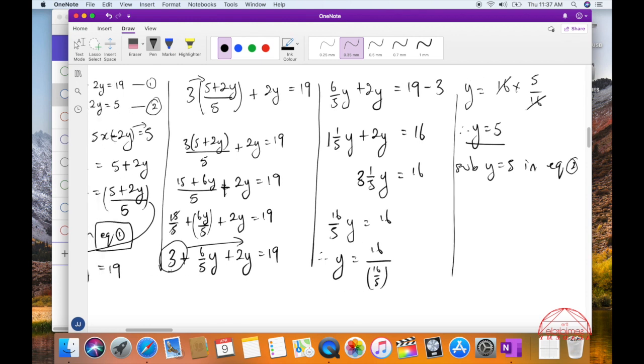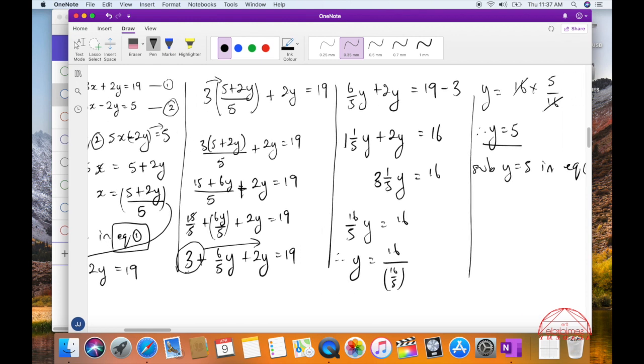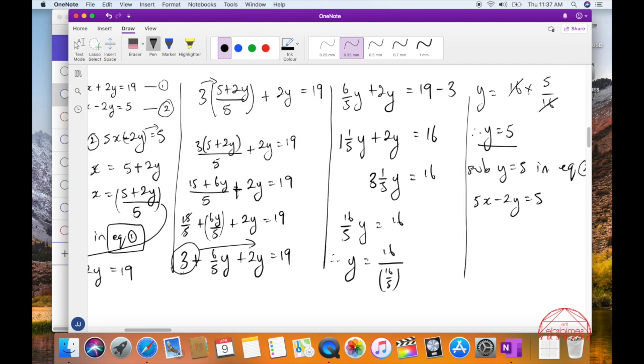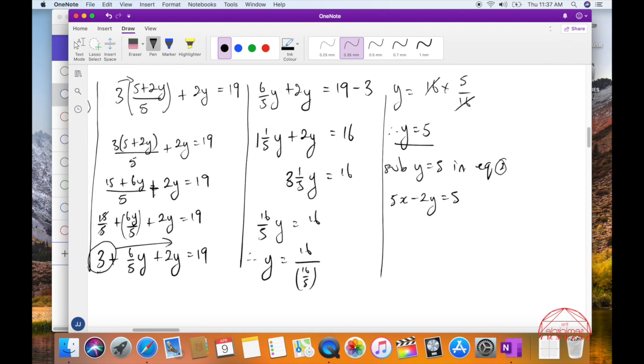So what is equation 2? 5x minus 2y equals 5. Let me make sure I got that right. Yep. And we just sub in y is equal to 5.